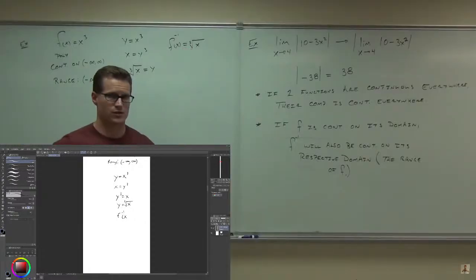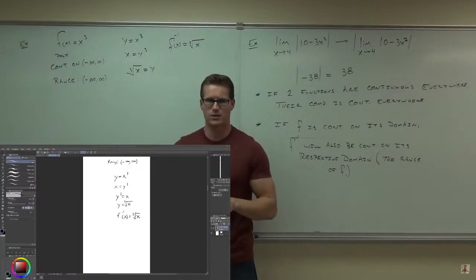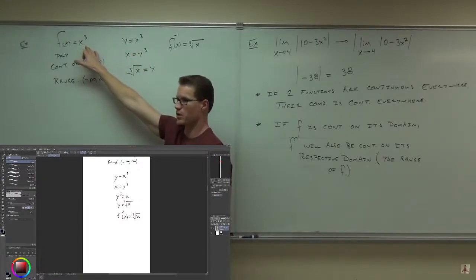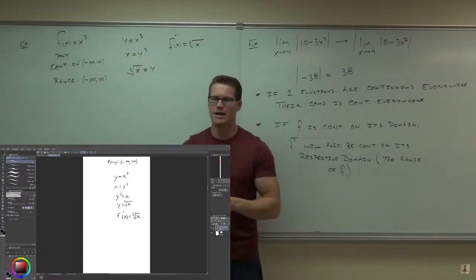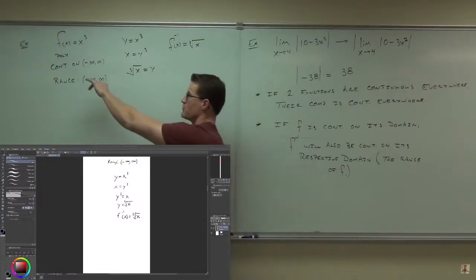Here's what I know about this already. I know that for a fact, because this is the inverse of this polynomial, I don't have to do any more work with it. I guarantee you that that's continuous on the range of my original function.